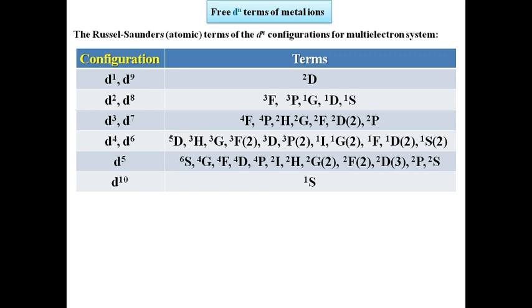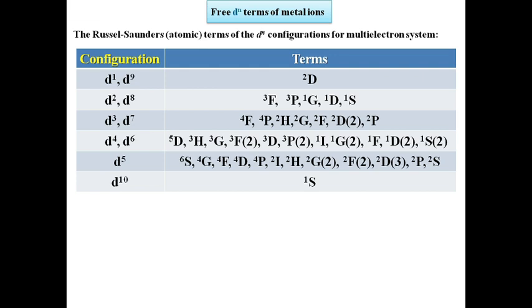Again, according to hole formalism phenomenon, d1 and d9 configurations have 2D term. d2 and d8 configurations have 3F, 3P, 1G, 1D and 1S terms. d3 and d7 configurations have 4F, 4P, 2H, 2G, 2F, 2D, 2D and 2P terms, and so on. For d10 system only 1S term.